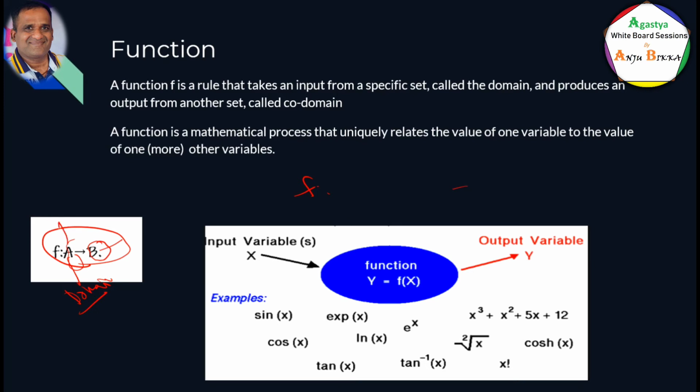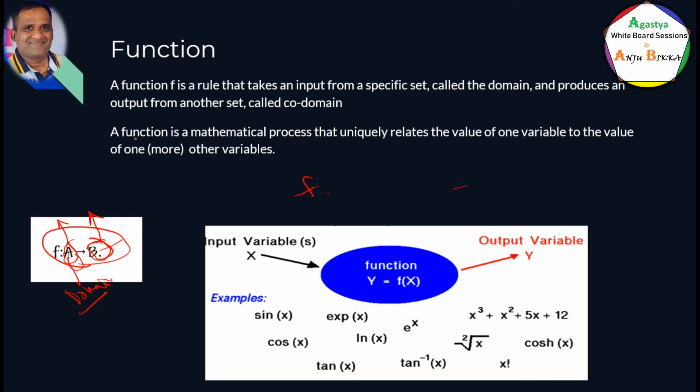So the domain is A and the codomain is B. It specifies a rule that takes inputs from this set and produces outputs from this set.